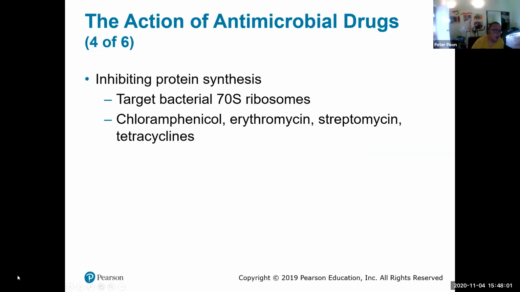Chloramphenicol and tetracycline target the bacterial 70S ribosome. The 70S ribosome is only found in bacteria, and therefore you can inhibit that without inhibiting normal human cells.